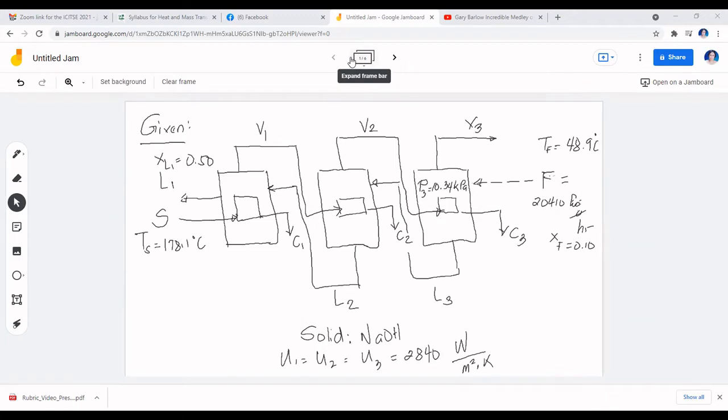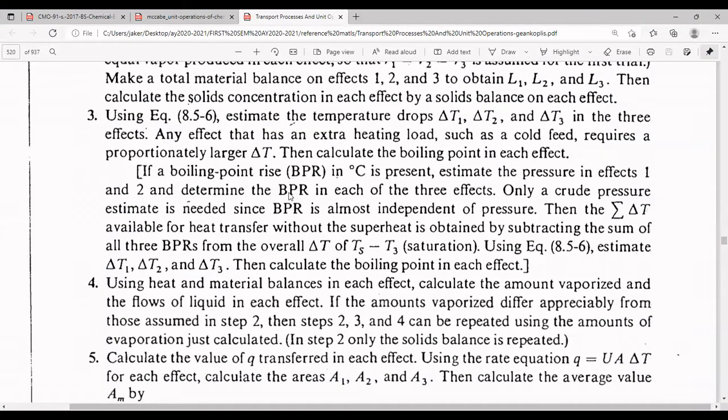So my suggestion to my students before, since it was anyway stated, I'll go back to the PDF copy of the book. Where was that? Here. Since it was stated that the BPR is independent of the pressure which you estimated in the first place, we will just determine the delta T first without the BPR.